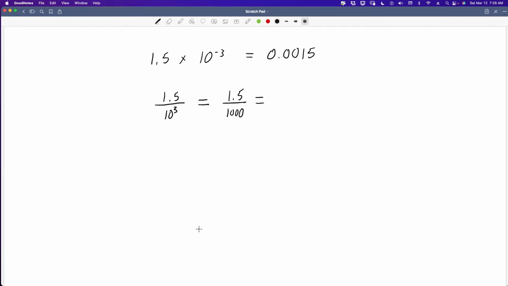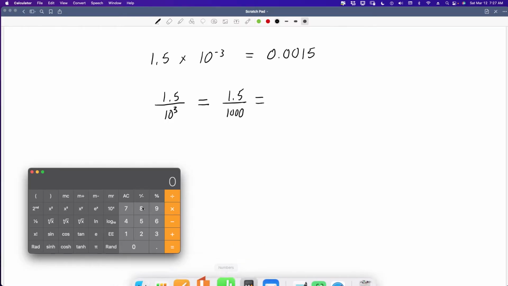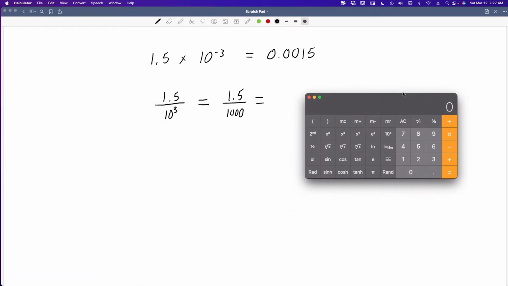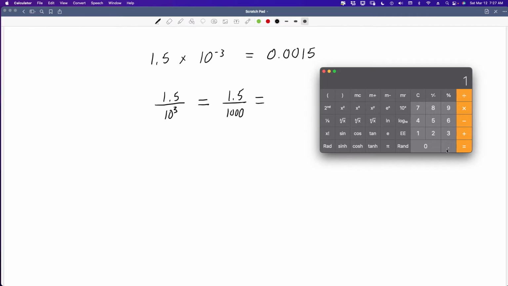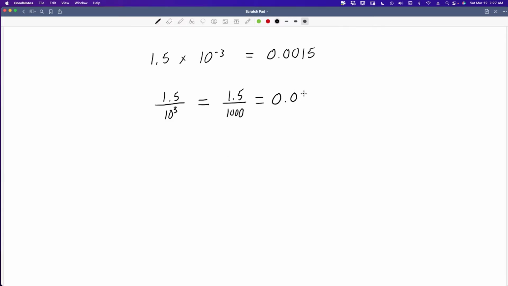And when you divide that with your calculator, if you take 1.5 and divide it by 1,000, you get the same answer. Isn't that cool? So we know that this negative sign is just telling us to do the inverse operation with this exponent. It's the same number.